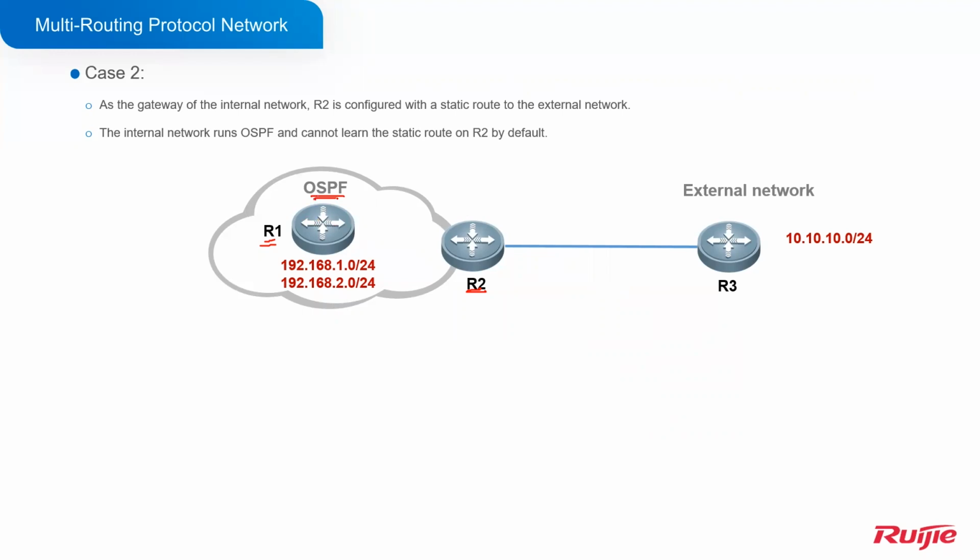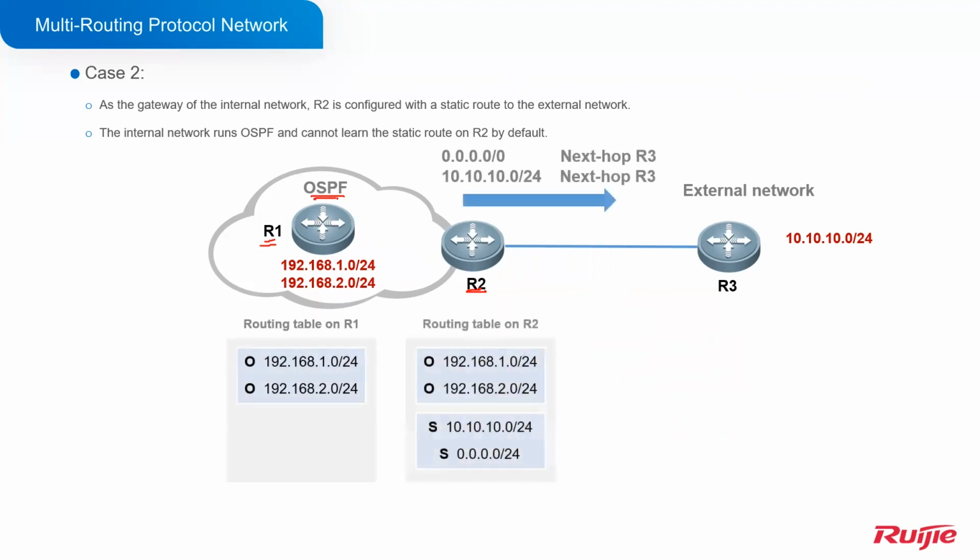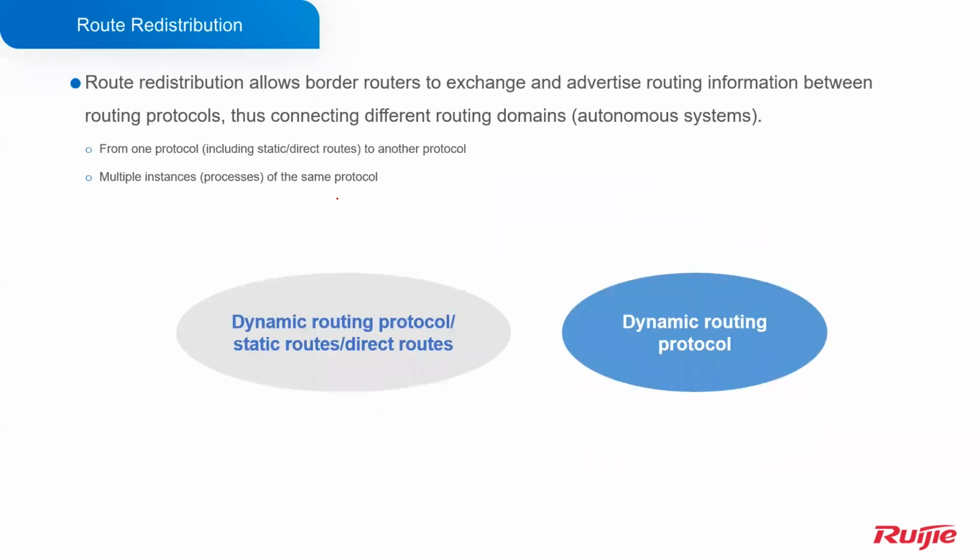And by default, OSPF cannot carry the static route. So R1 cannot learn the static route on R2 by default. If you check the routing table, you can find that on R1, we cannot find the static route. This is a problem when we use the static route.